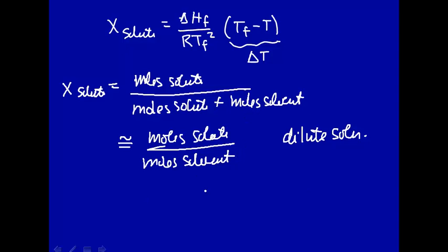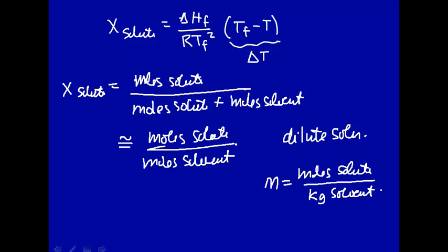Now, recalling what molality is: molality is moles of solute per kilogram of solvent. All right, we compare these two units. It looks like the numerator, moles of solute, is okay, but we have to convert moles of solvent to kilograms of solvent, and we do that by multiplying by the molar mass.